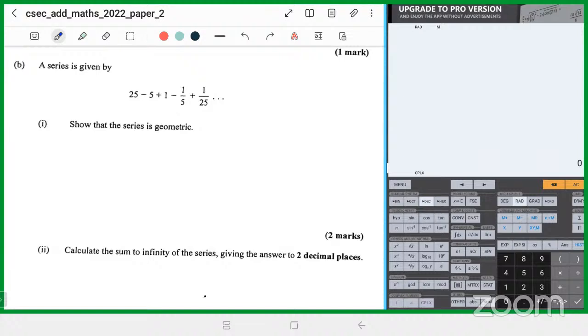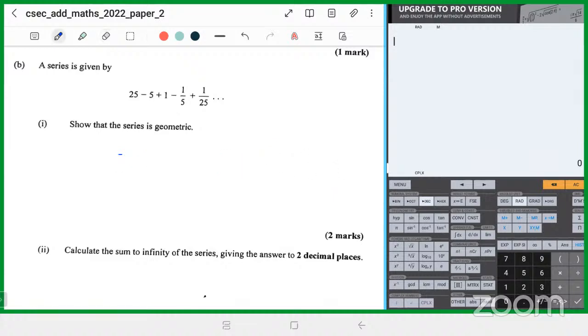A series is a sum of values. So this is the same as 25 plus negative 5 plus 1 plus negative 1 over 5 plus 1 over 25. It's still a series. You're still adding values. Let me write it over again.